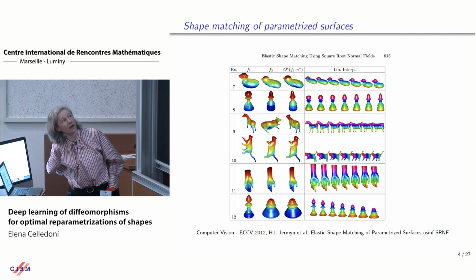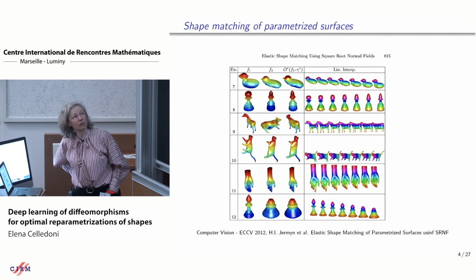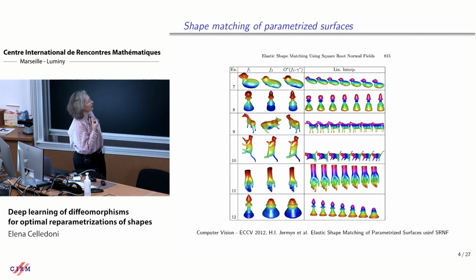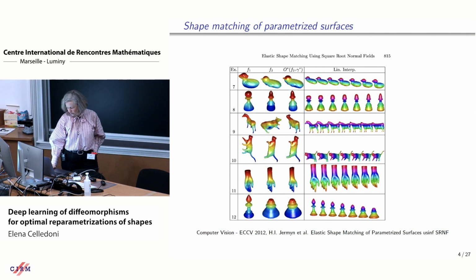For example, a horse into a cow, a hand which is open into a hand which is not open, and different shapes. So also in this case, if you want to compute distances between such surfaces, then it is perhaps a good idea to look at them independently of their parametrization.